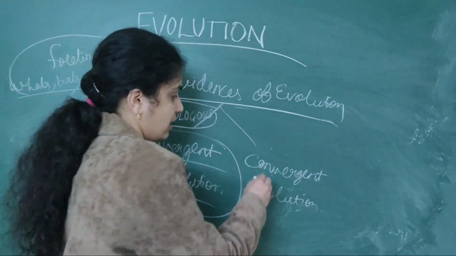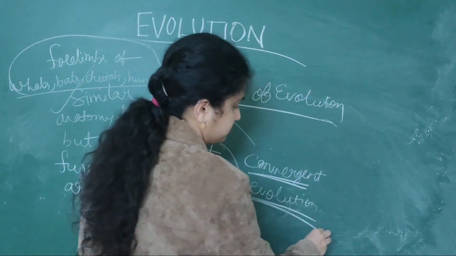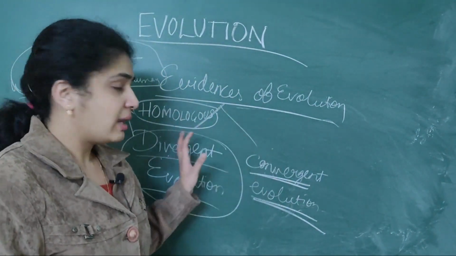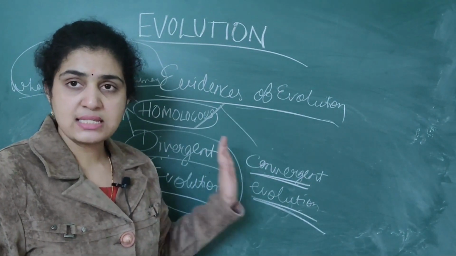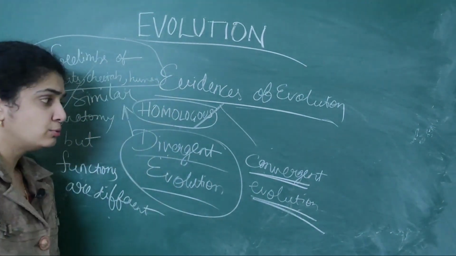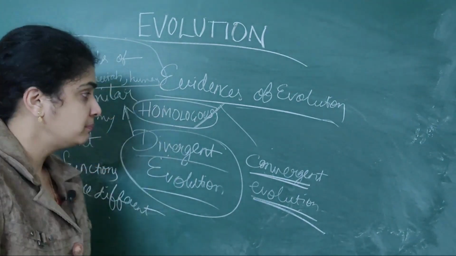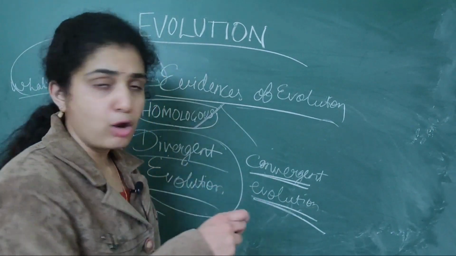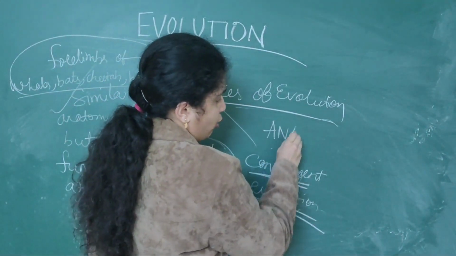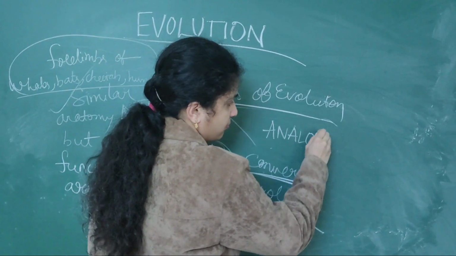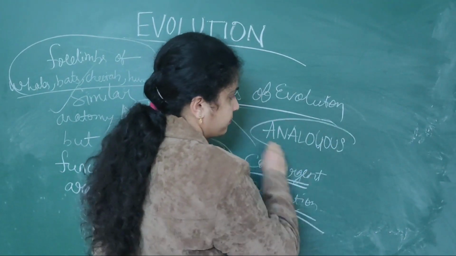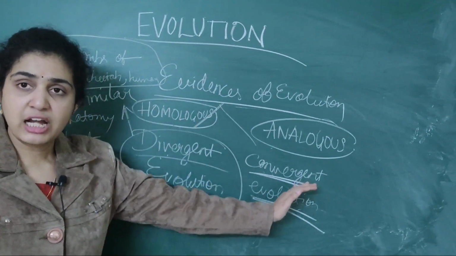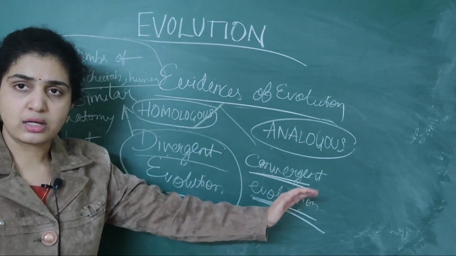Then when it comes to convergent evolution, it continues like divergent evolution. Here all the organs are analogous organs. Similar anatomy means homologous. Different anatomy means analogous organs.